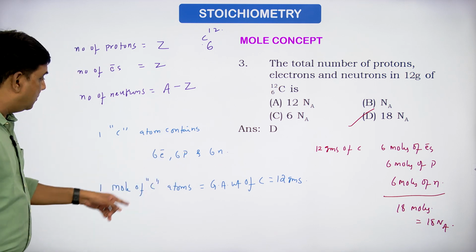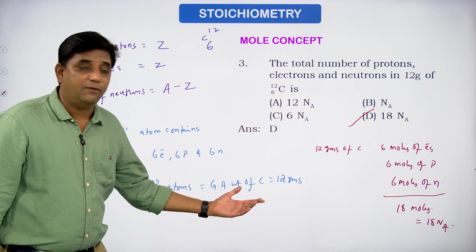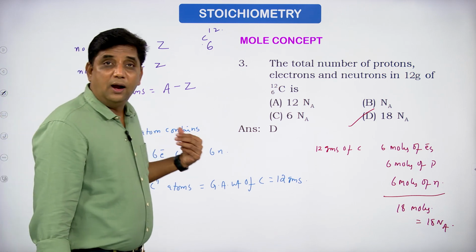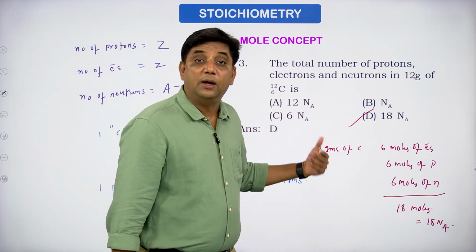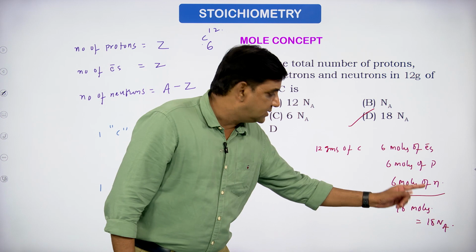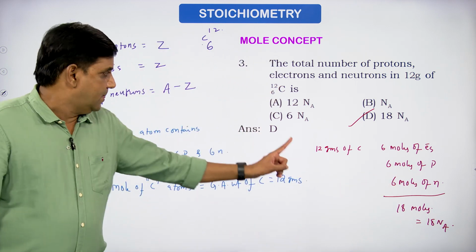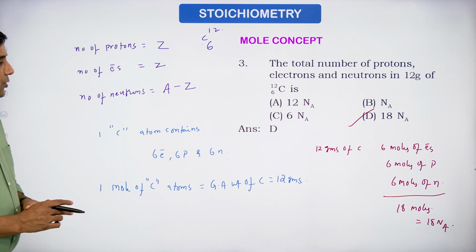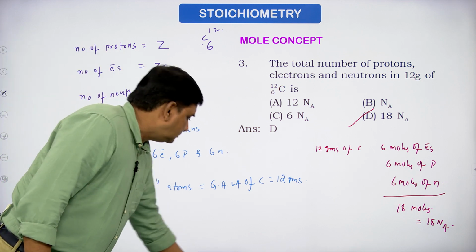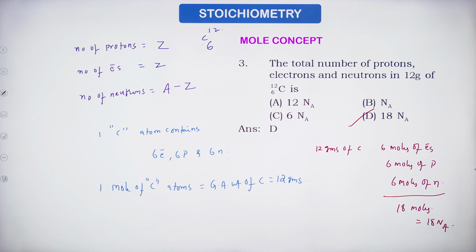Now, 12 grams means 1 mole of carbon atoms, which will contain 6 moles of electrons, 6 moles of protons, 6 moles of neutrons. That is 18 moles of particles, electrons, protons and neutrons. So, the answer is 18 Na. So, the answer would be D, students.